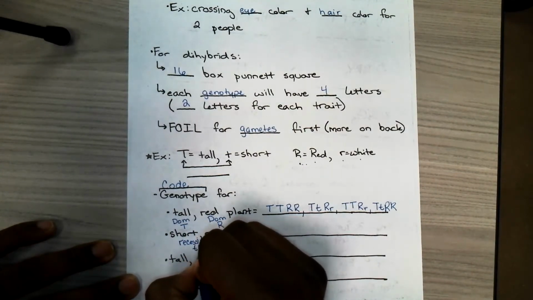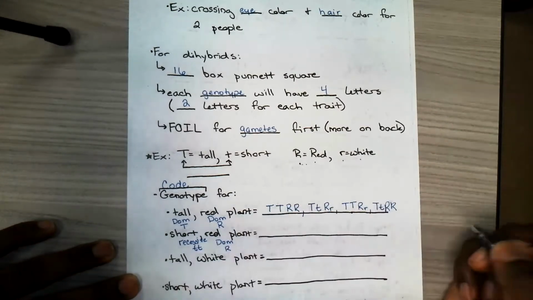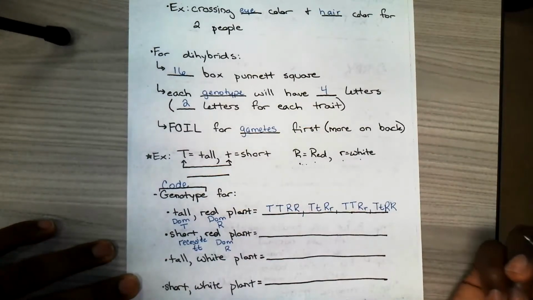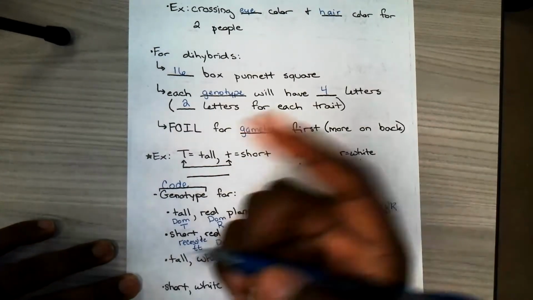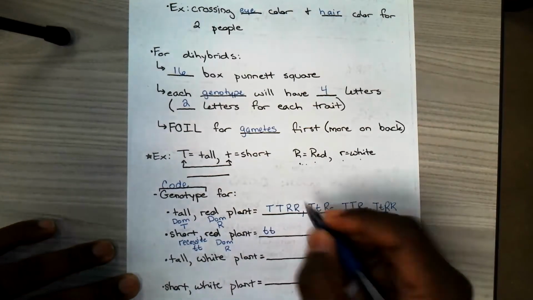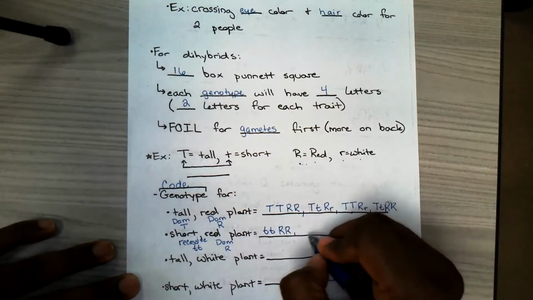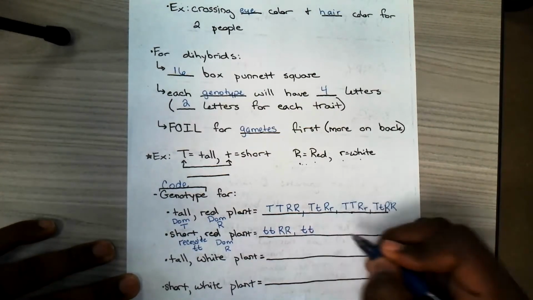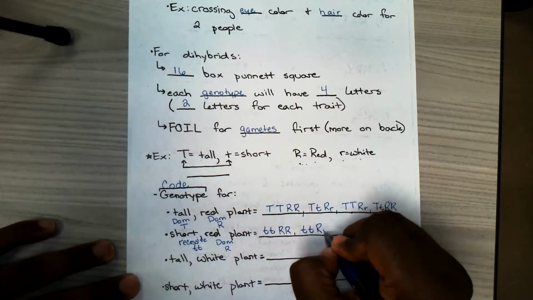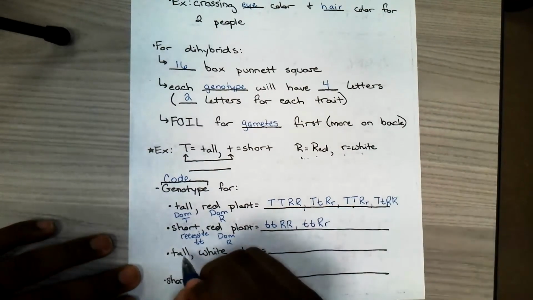So we know we need 2 little t's, and we still get a red plant, which is going to be dominant. So we know it's going to have a big R. So what are the possible combinations? Well, there are only 2, right? You can have little t, big R, or you can have little t, big R, little r. Okay, let's move on to our next example.